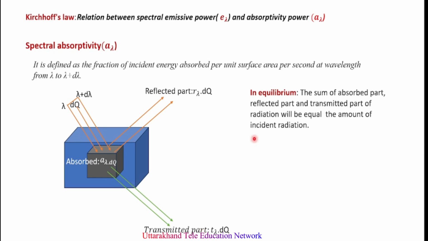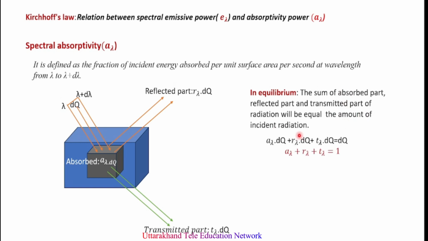So we can say that in equilibrium, the sum of the absorbed part, reflected part, and transmitted part should be equal to the initial amount of the given radiation.